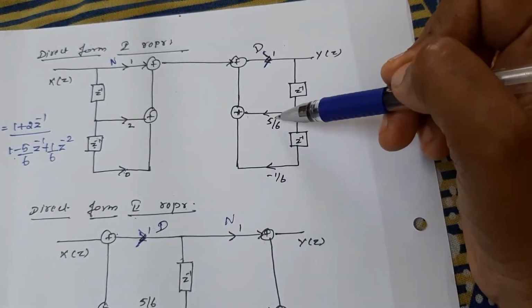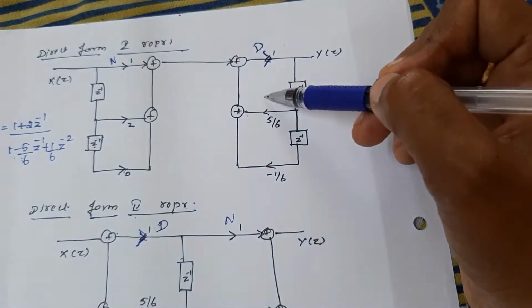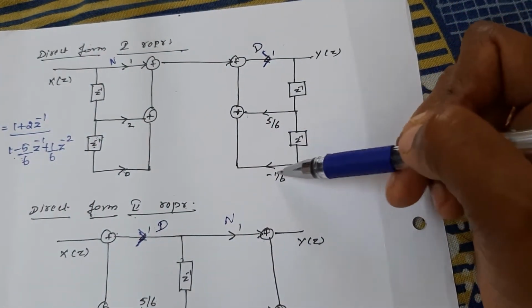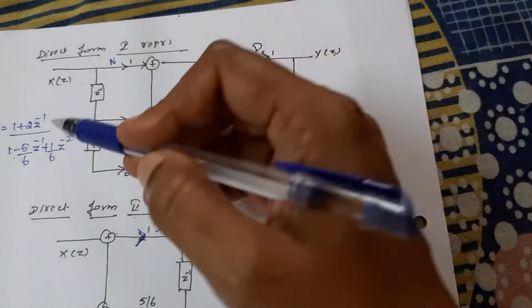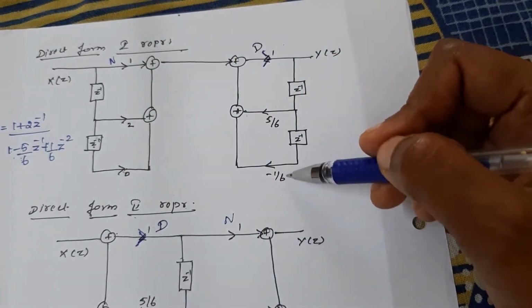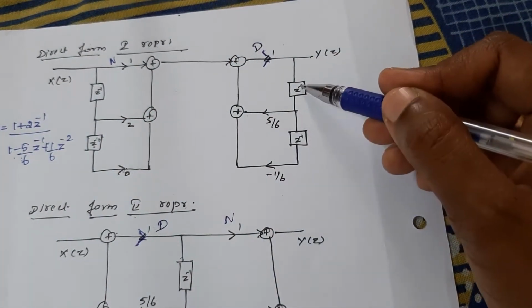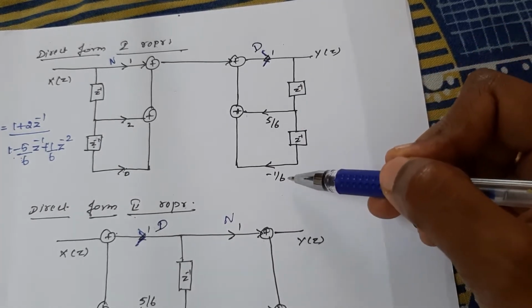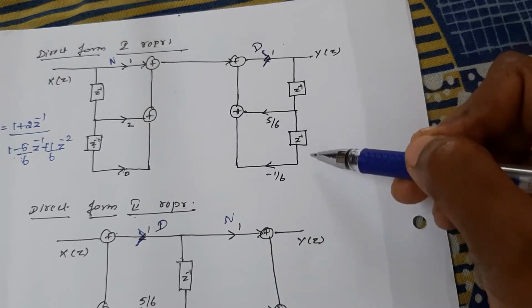For the opposite direction, since there is a minus here, we put plus 5 by 6. The arrow in the lower part is in the opposite direction. Since there is a plus here, we put minus 1 by 6 z power minus 2. The first one is 5 by 6 z power minus 1, here 1 by 6 z power minus 2, so 2 delays come.